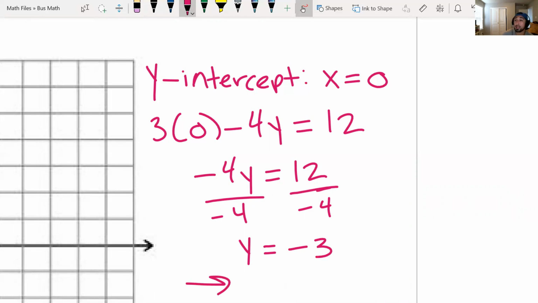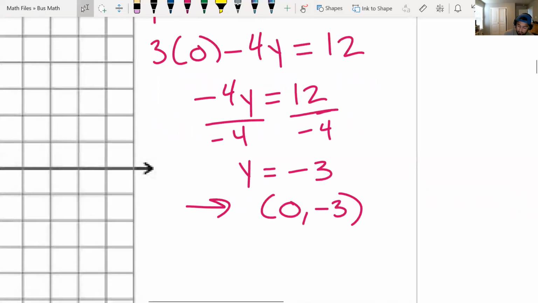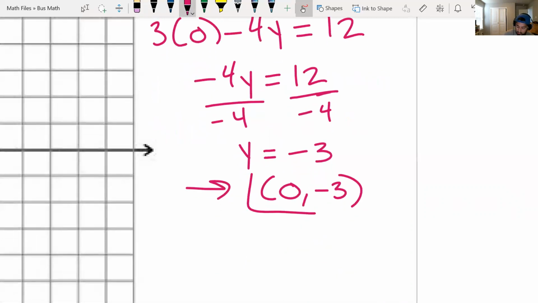Once again, put it into coordinate form, which means we would have (0, -3). There is our y-intercept.